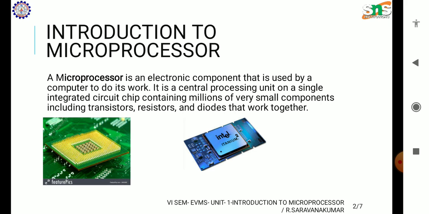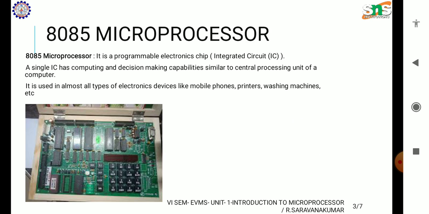But the limitation of this microprocessor is that it cannot access internal peripherals, that means RAM, ROM, and other internal storage devices. So we are going to discuss that in detail.